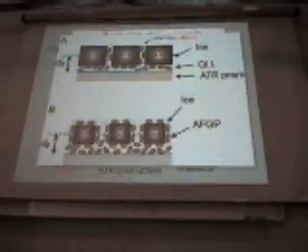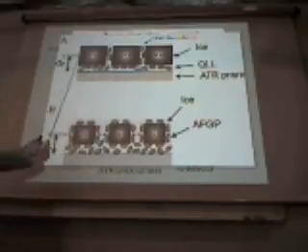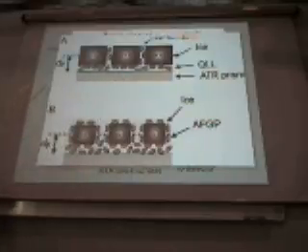And this is the system. Here is the sample. Probably we can imagine that here is the ATR prism, and here is the ice sample.